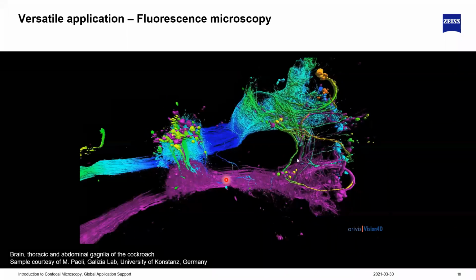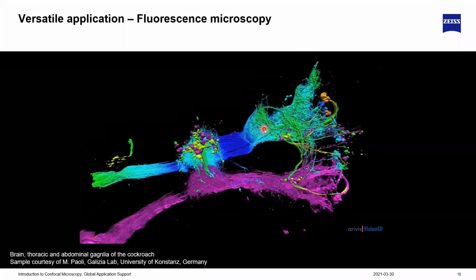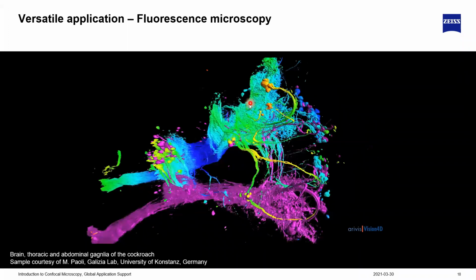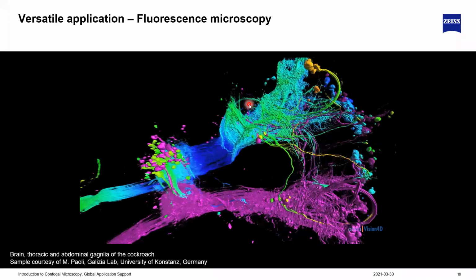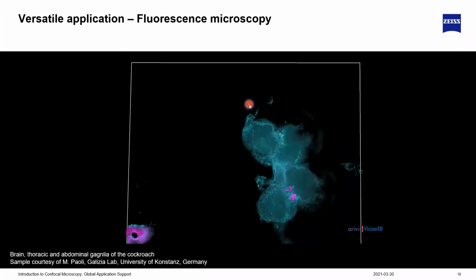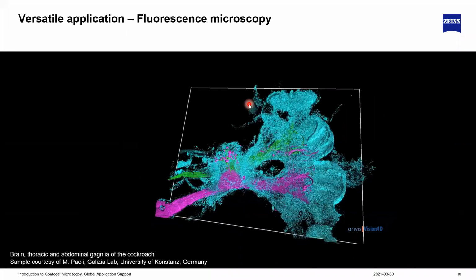And then you can really see the nice details of your sample. This is also a very big field of view, so you can take also several tiles of the sample and stitch them together.